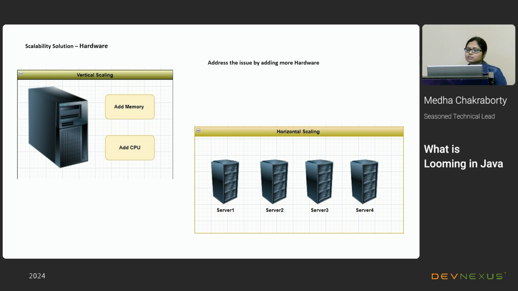And the second is horizontal scaling. So it's not only one server, but you increase the number of servers, right? So one server was serving 200 threads, now you have added 4 more servers, so you can serve 200 into 4, 800 requests. So you can increase that.